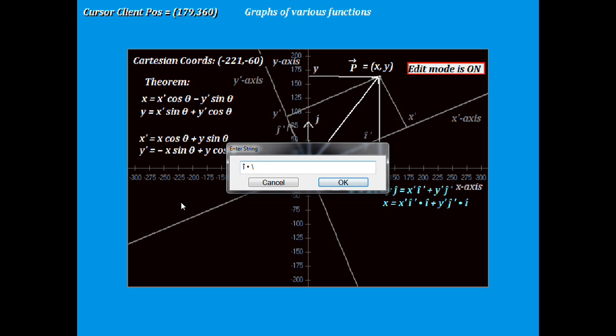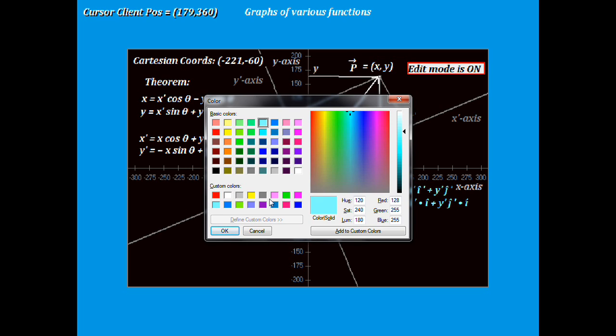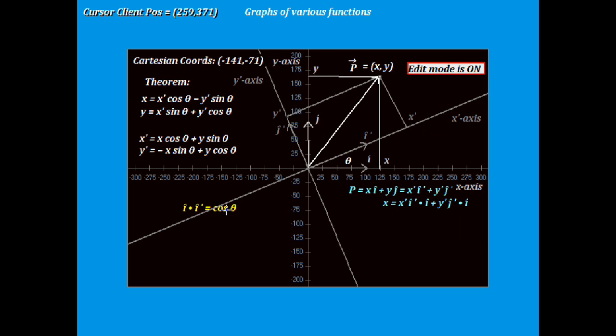Well, it's commutative. And in yellow. That just happens to be a fact. The product is cos theta, because the magnitude of each is 1, and the angle between them is theta.